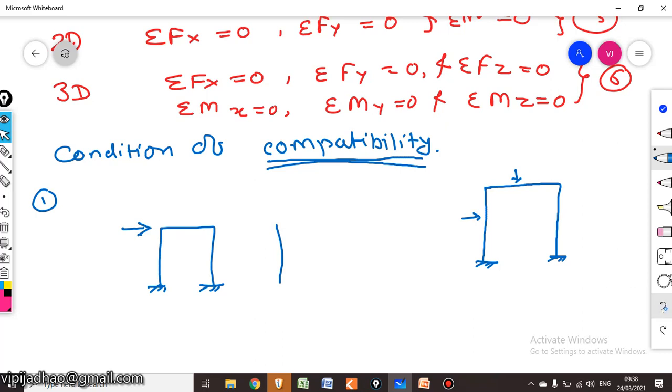The deformed shape of this frame will be something like this due to application of this load. So this column and this beam will continue to meet at this joint, even after deformation takes place.